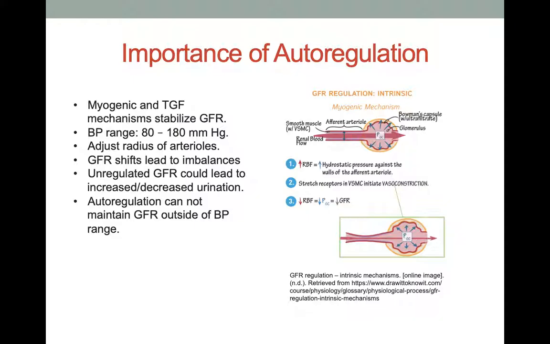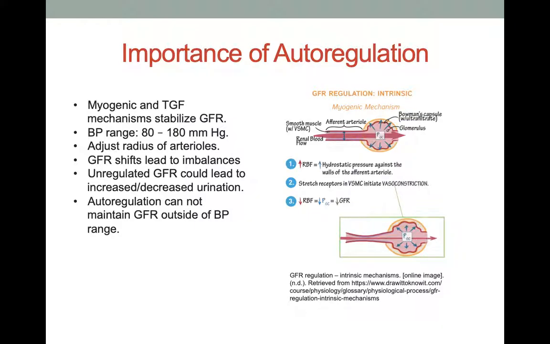By shifting that, it could lead to imbalances. So if we're unregulated, we could have increased or decreased urination. So if we're exercising, we need to retain some of that fluid because we're sweating and everything else. Our blood pressure is going to increase. If we would follow the typical trend and filter more blood, we would lose more fluid in urine than necessary.